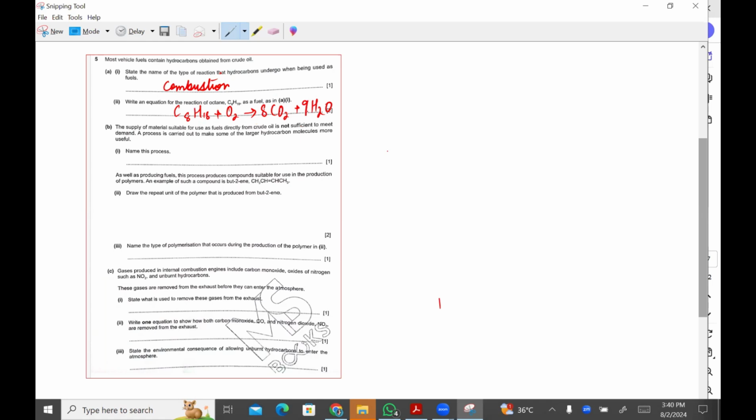The supply of material processed for use as a fuel directly from crude oil is not sufficient to meet demand. A process is carried out to make some of the larger hydrocarbons more useful. I have told you before that larger hydrocarbons are less useful.